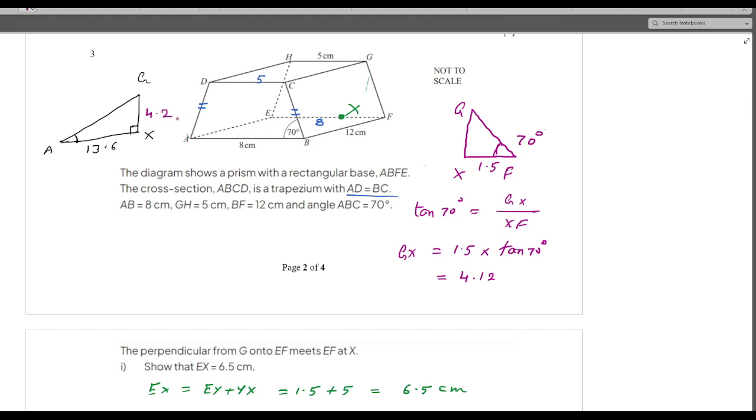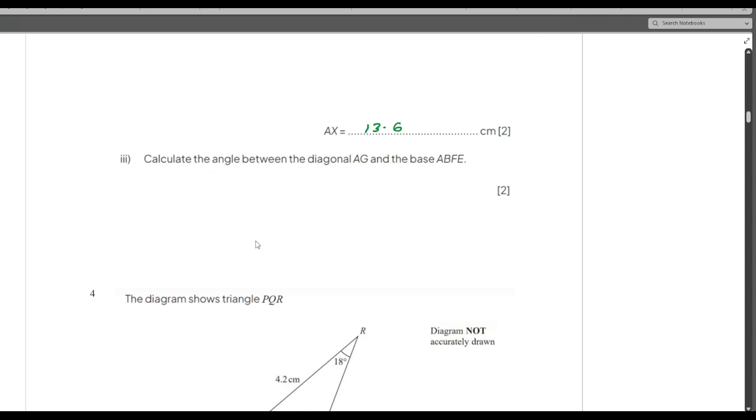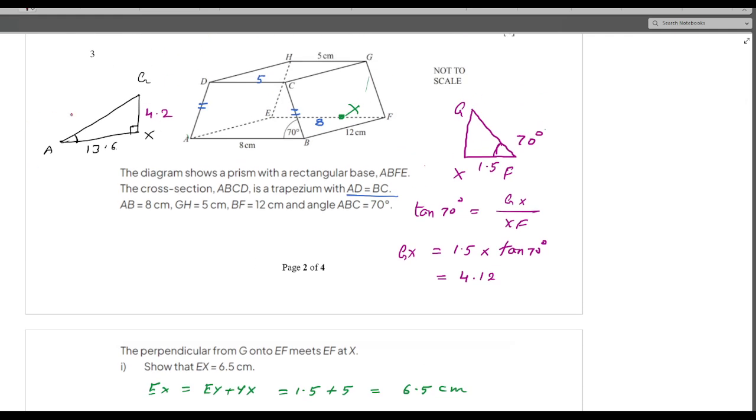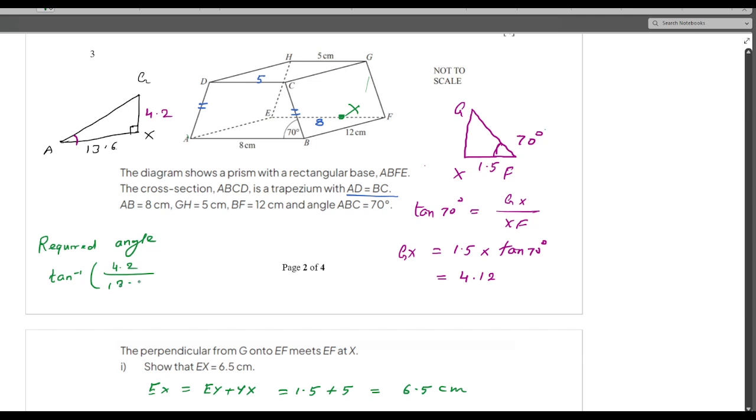Okay, now I have to work out the angle between diagonal AG and base ABFE. So this angle we have to work out. I will say that the required angle will be, here I can use tan, so the required angle will be tan inverse of 4.12 divided by 13.6.